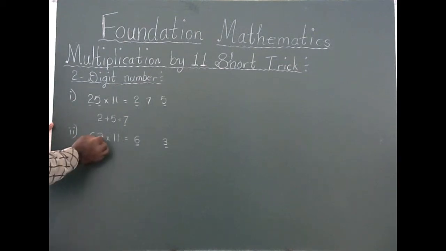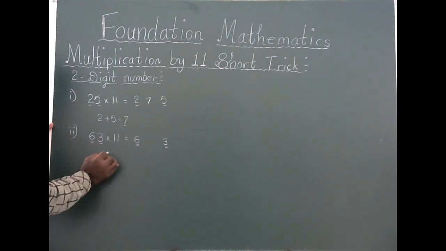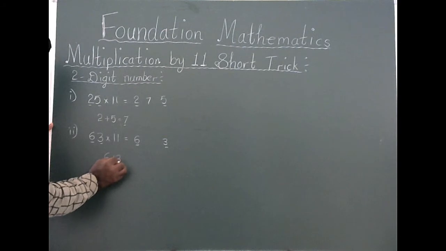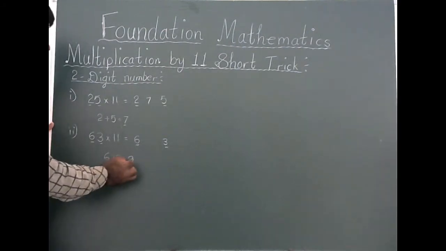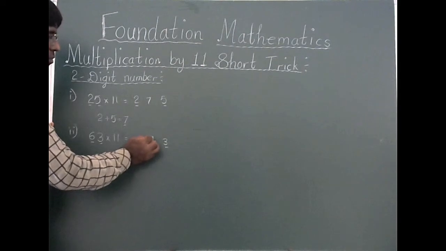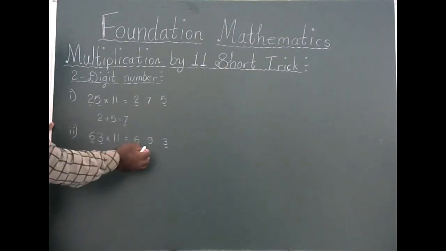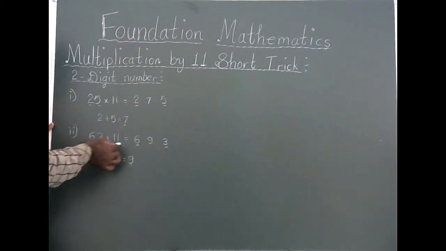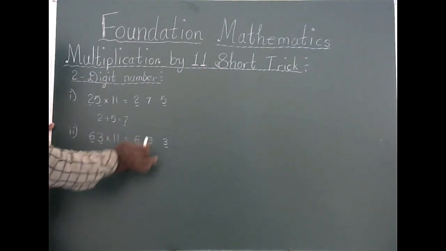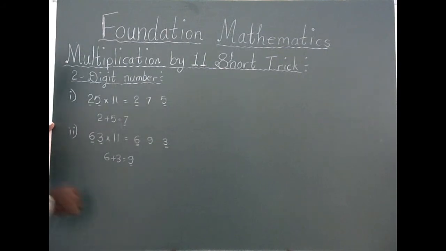But the sum of these two digits, 6 plus 3 equals 9. You should write this 9 in the middle of the number. So 693 is the correct answer. 63 into 11 equals 693.